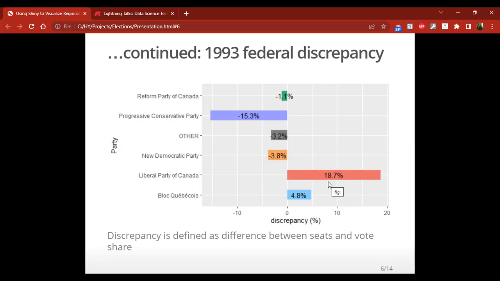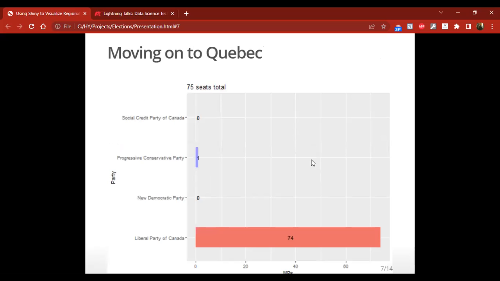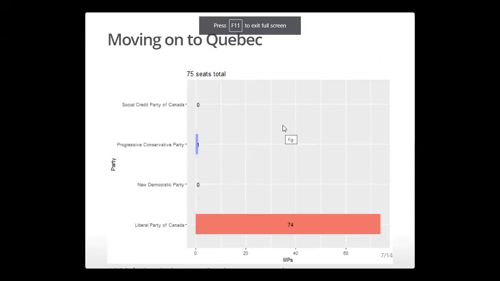So actually, in recent living memory, that isn't the most extreme example that I can think of in federal elections. We have Quebec in 1980. This should be full screen, and of course it was a near, how do we say, clean sweep of the province by the Liberals, 74 out of 75 seats in total.